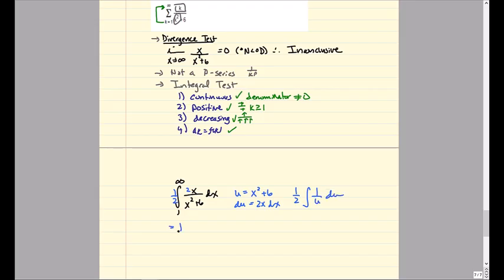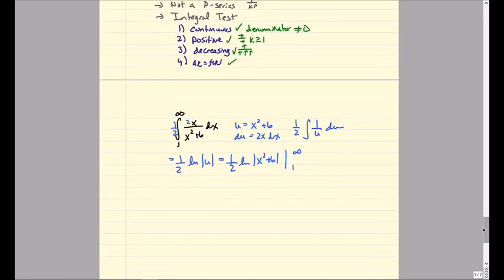So this is going to be 1/2 natural log absolute value of u, and then when I plug in for u, I get x squared plus 6. And I'm going to go from 1 to infinity here. So my upper will be 1/2 limit as x approaches infinity of the natural log of x squared plus 6.